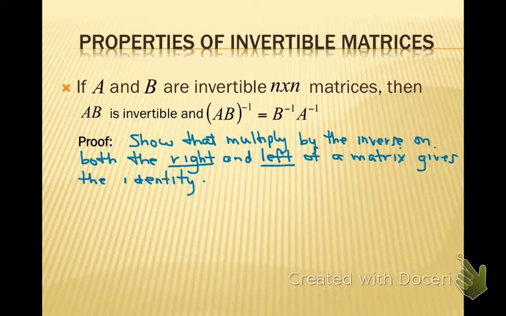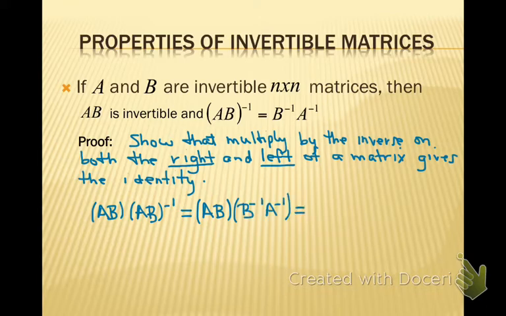So let's start. So we're going to take the matrix AB, and we're going to multiply by the inverse on the right. So that's AB times (AB) inverse. So we get A, B, and now let's substitute in what (AB) inverse is. It's B inverse A inverse.